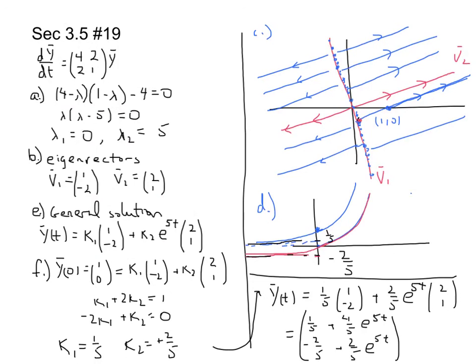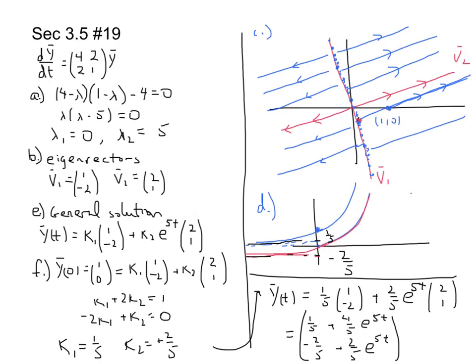I don't know how easy it is for you to appreciate that certainly as time moves forward, we are following e to the 5t. We're starting at 1 and we're growing. And also the y value is growing exponentially. It's starting at 0 and it's growing.